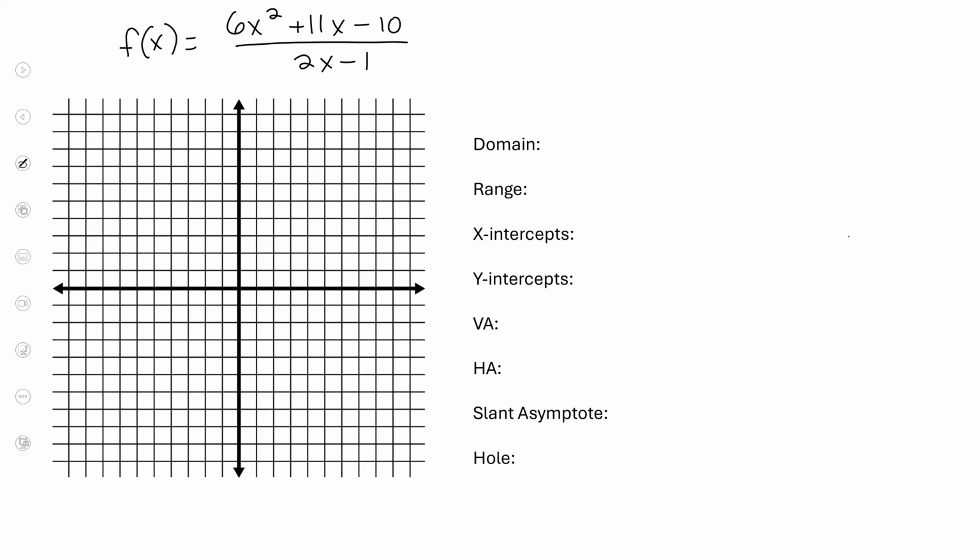Next one, you always want to factor first. So if you factor the numerator, you will get 2x plus 5 times 3x minus 2. If you set the top equal to 0, that's how you find the x-intercepts. So I'll have 2x plus 5 equal to 0, and 3x minus 2 equal to 0.